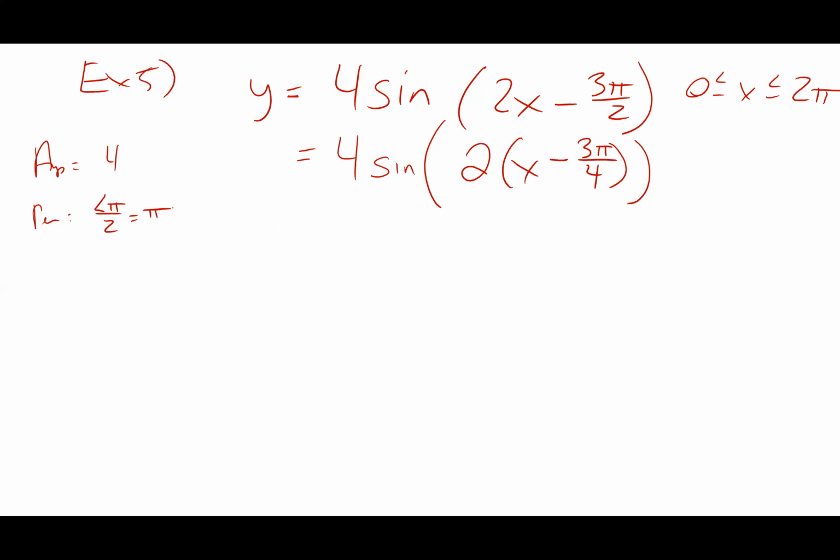I got a reflection? Nope. Minimum is -4, max is +4, and I have myself a phase shift. Phase shift says that we're going to go 3 pi over 4 to the right. Correct? Does that make sense?